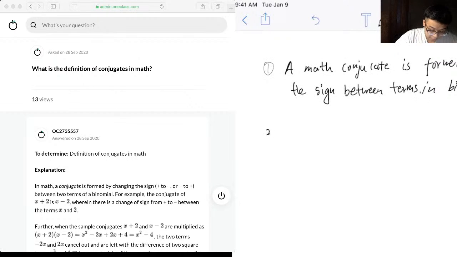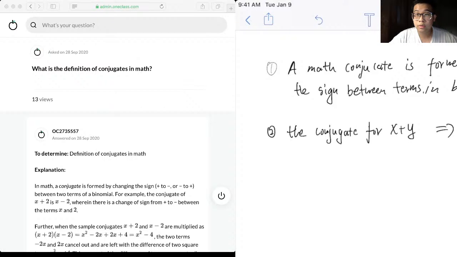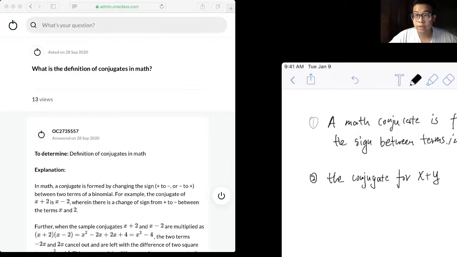So coming up will be an example. I would say the conjugate for x plus y will be, oops, I just need to adjust the screen a little bit.